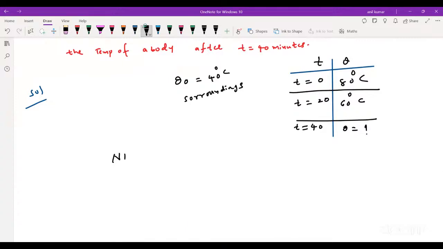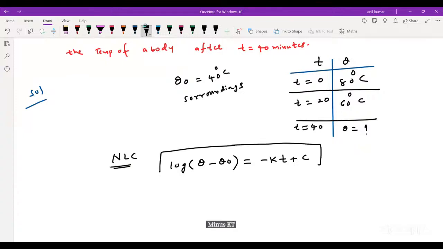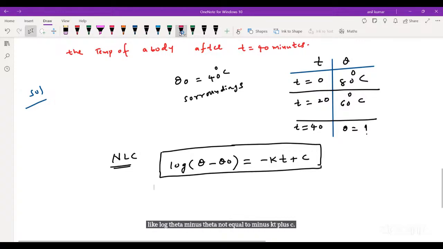According to Newton's law of cooling, can anyone say what is the formula, dear students? Minus kT plus C, sir. Right. Log theta minus theta naught equal to minus kT plus C. Here I will tell you a few important things.